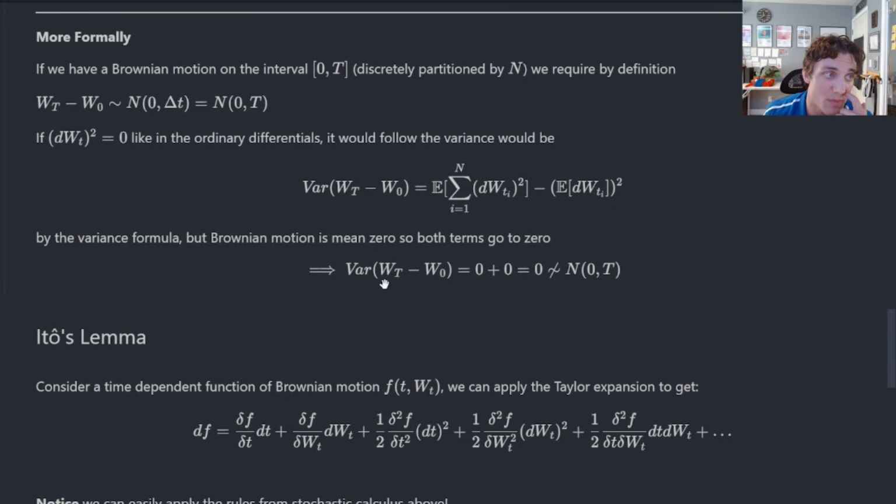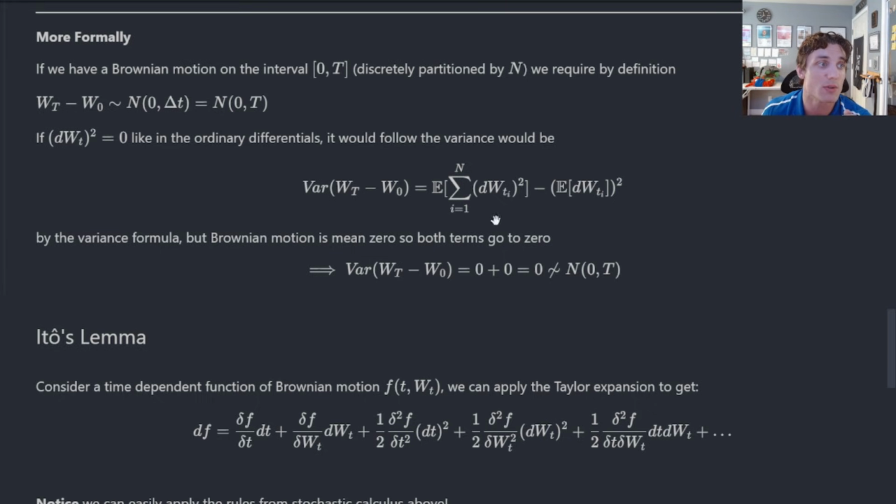So the variance would be 0 plus 0, which is 0. But that's not going to be the variance that's demanded of this process over this interval, which is what? It's capital T.